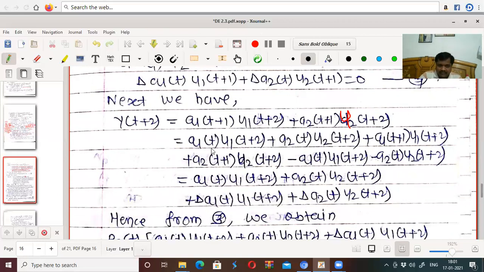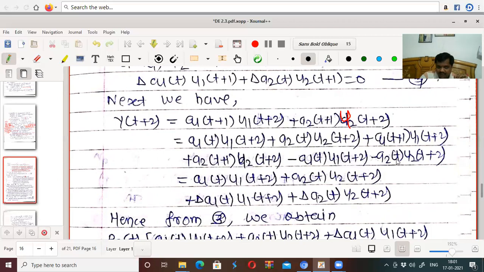Now again taking a1(t) u1(t+2) + a2(t) u2(t+2) as it is. Now the third and fifth terms again give, see here, a1(t+1) u1(t+2) minus a1(t) u1(t+2). Take u1(t+2) common, in the bracket it remains a1(t+1) minus a1(t), that is u1(t+2) into Δa1(t).